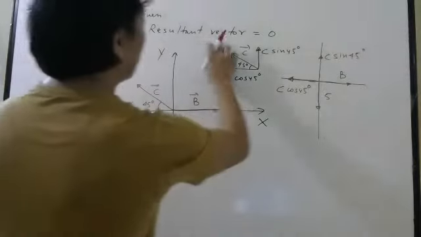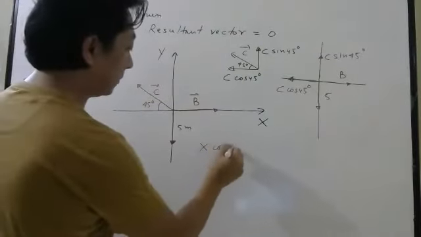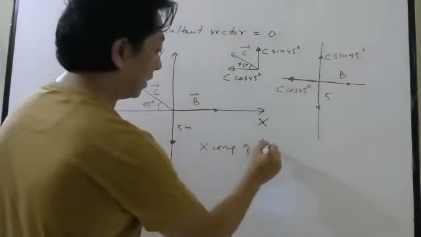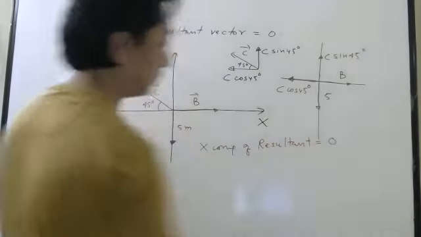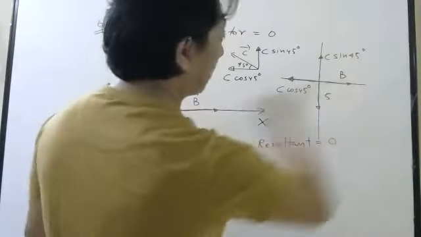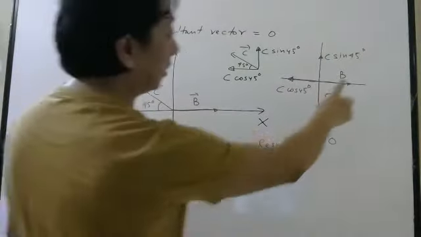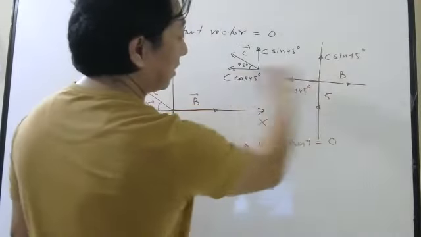Now, since resultant vector is 0, it means x component of resultant should be 0. Yes or no? Now, what is the x component of resultant? Along x-axis, how many vectors are there? Look carefully. B, this side, and this is C cos 45, this side.